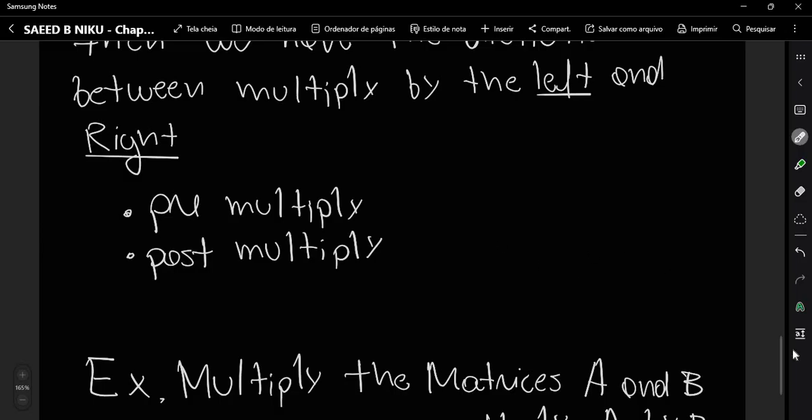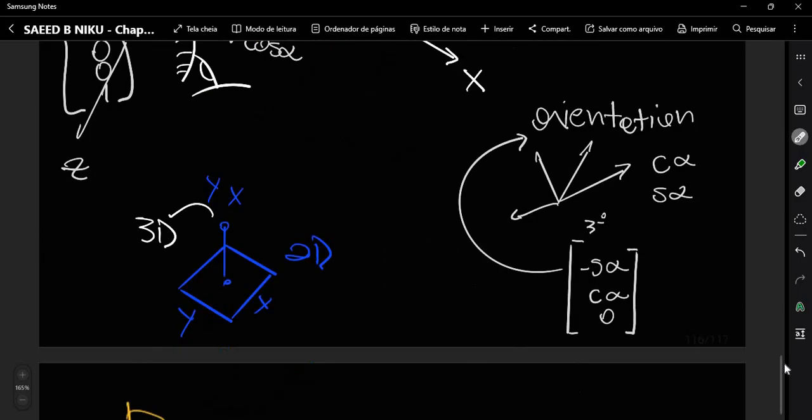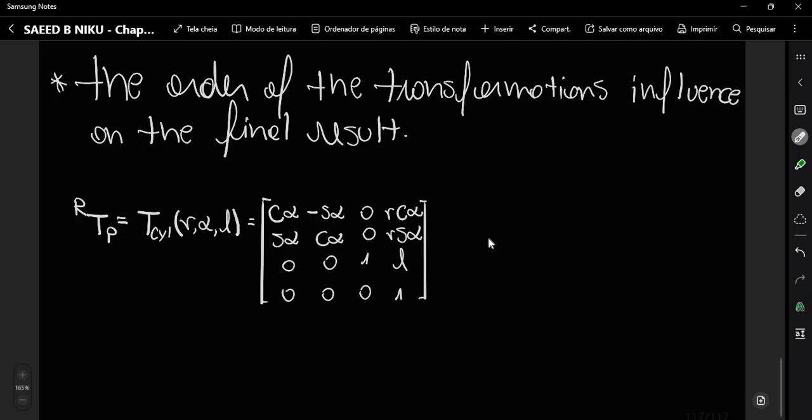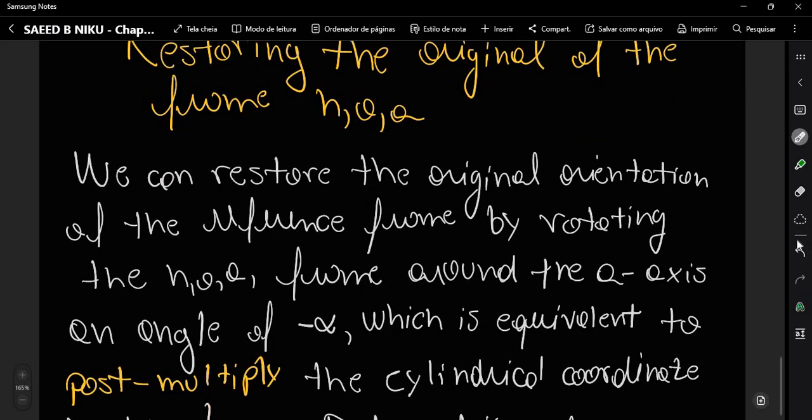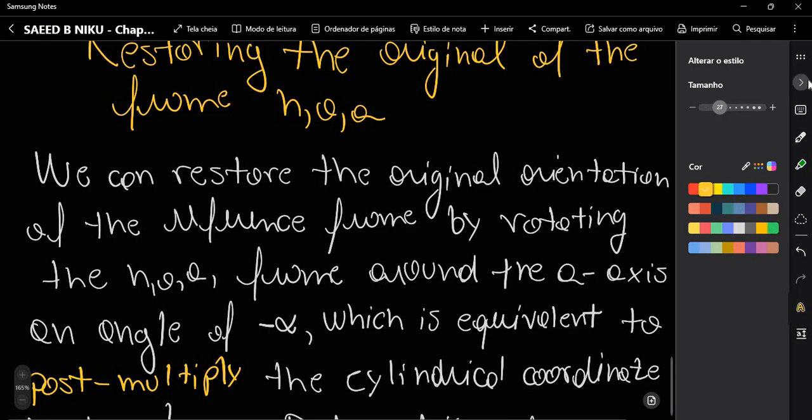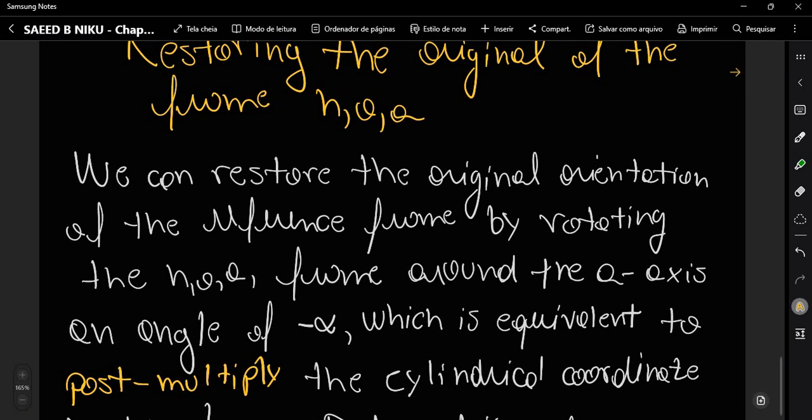Or let's just change. Let's say post multiply, we are multiplying by the right. Okay. And also let's check this. We have to interpret the text with taking care with all details.